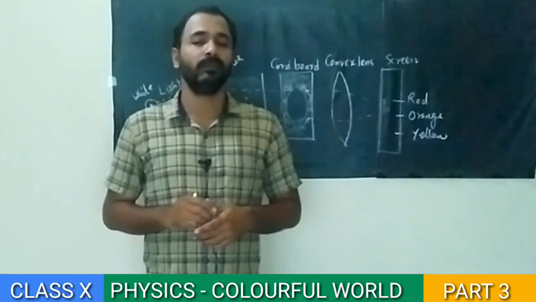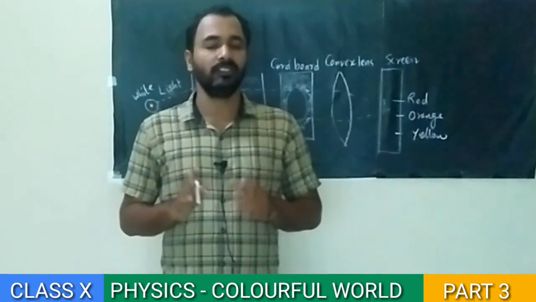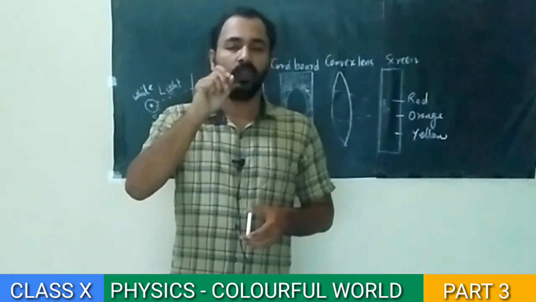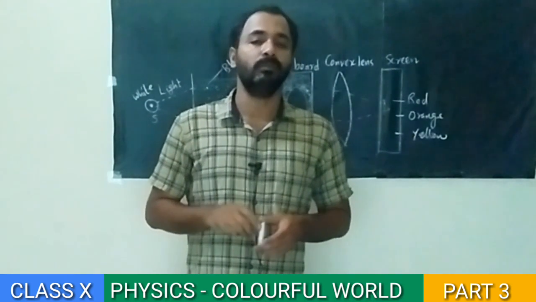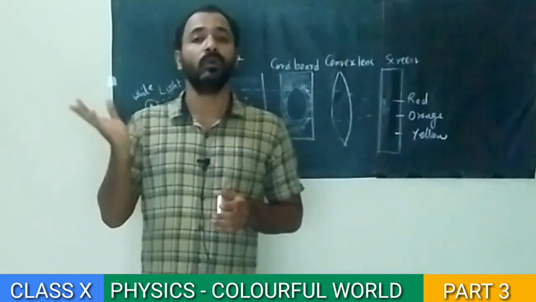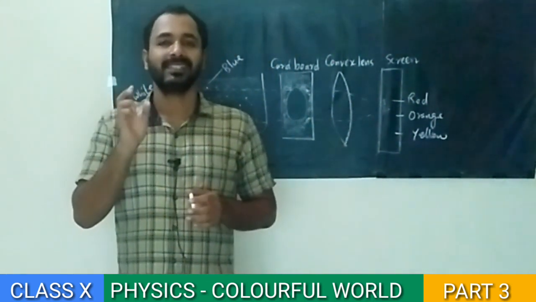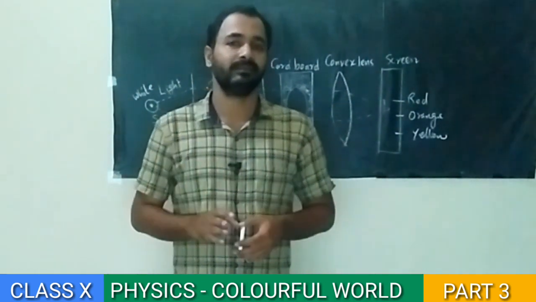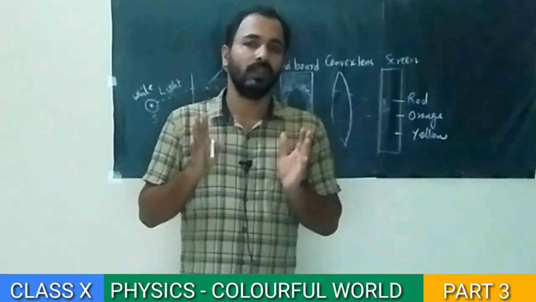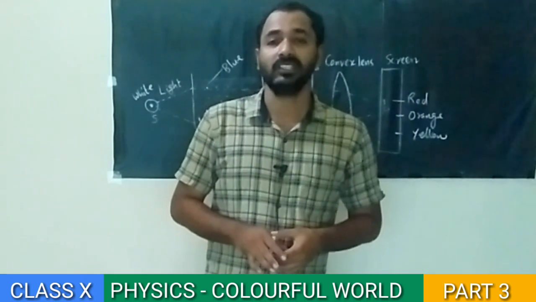So in this experiment we see that in very fine particles, blue color scatters more and red color scatters least. Clear? This is the end of this chapter.